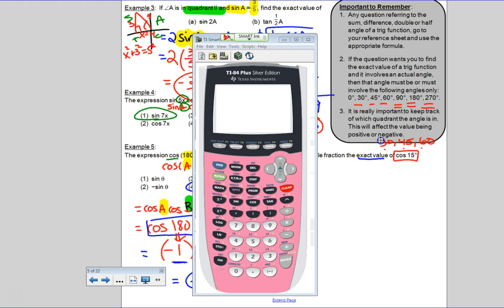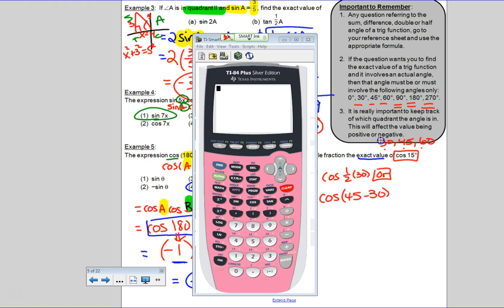I can do cosine of 30 divided by 2. Let me say it differently: cosine of a half of 30 is 15. Or we can do the cosine of 45 minus 30, which would also give me a 15-degree angle.